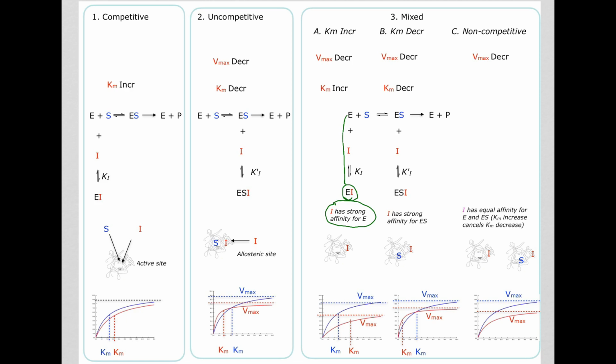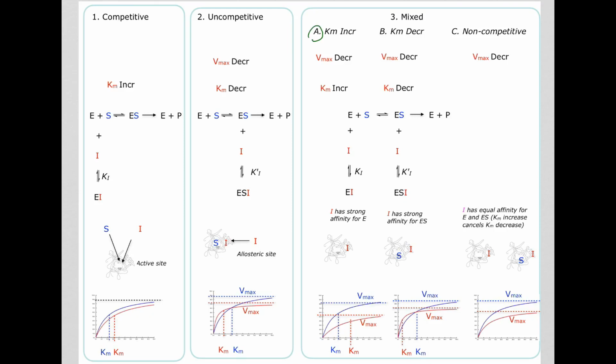In the second type, B, the inhibitor has a stronger affinity for the enzyme substrate compared to the free enzyme. And in the third case, the non-competitive subclass of mixed inhibition, the inhibitor has equal affinity for the enzyme and the enzyme substrate.